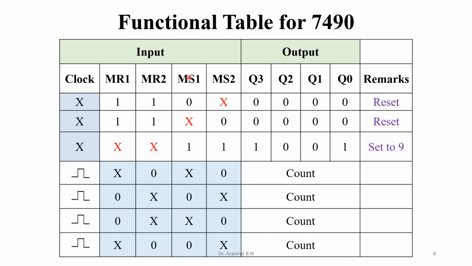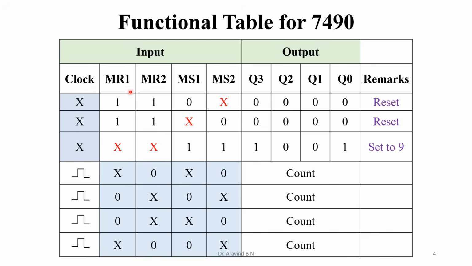Now let us go through the table. These are the inputs and these four are the outputs. Q0 is the LSB, Q3 is the MSB, and these are the remarks. Clock is don't care. MR1 and MR2 are equal to 1, 1. MS1, MS2 are 0 and don't care respectively.